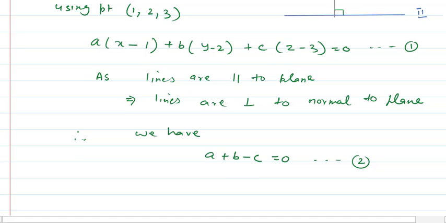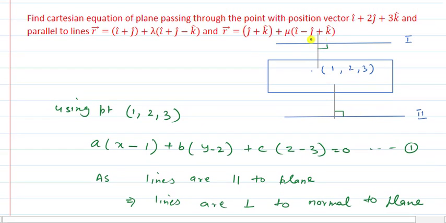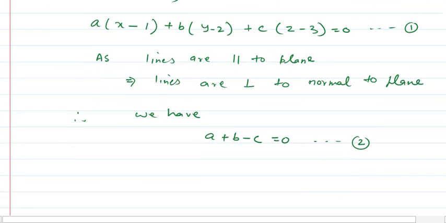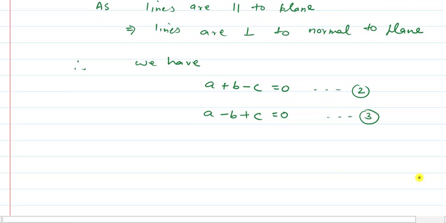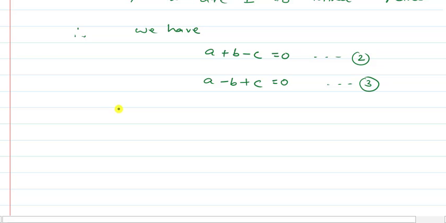Similarly, the dot product of these three, that is 1, -1 and 1 with a, b, c will be 0 with the same reason. So a minus b plus c is equal to 0. And let us say this is equation number 3. Now, as we have done earlier, using cross product, we can find out the value of a, b, c. And solving these two, we are getting a upon 0 is equal to b upon -2 is equal to c upon -2 is equal to lambda.